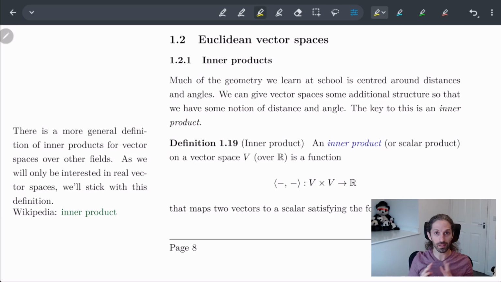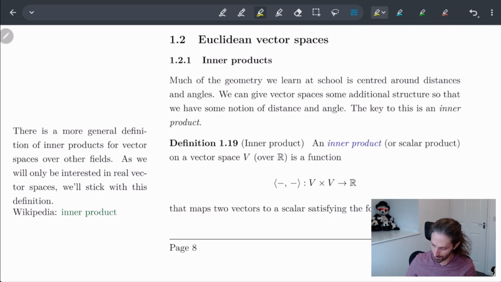So it's not really something too big. And you'll notice already in the definition, I'm saying an inner product or scalar product on a vector space. So in other words, there's going to be some kind of sense of scalarness to this. And we'll see what I mean by that in a second.